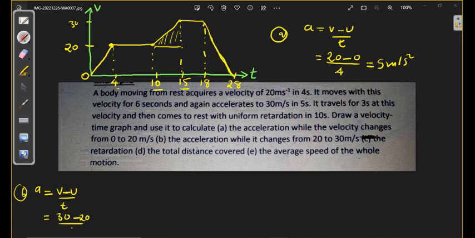And then for part C, the retardation. Whenever you're talking about retardation, you look for a point when the graph is looking like this. That's where we have retardation. So we are talking about this region here. Acceleration is final velocity minus initial velocity over time.